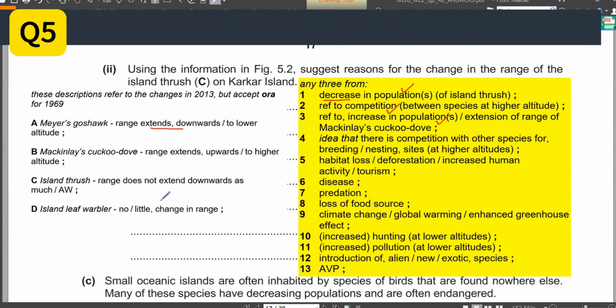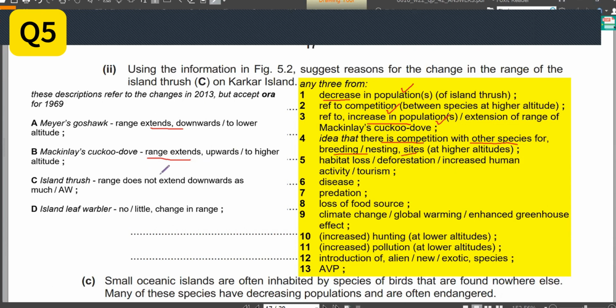For the ones that have an increasing range, the range extends, it may be due to an increase of the population. Another one, competition with other species for breeding and nesting sites.